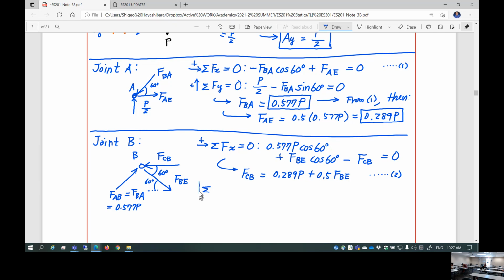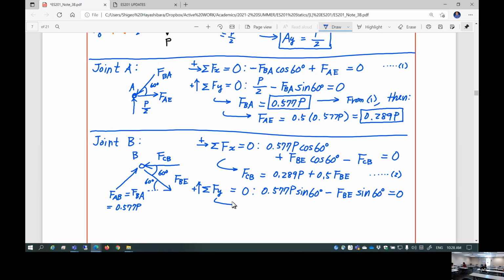Next is summation of the force in y direction set equal to 0. This is going to be 0.577P sine 60 minus FBE sine 60 is equal to 0.